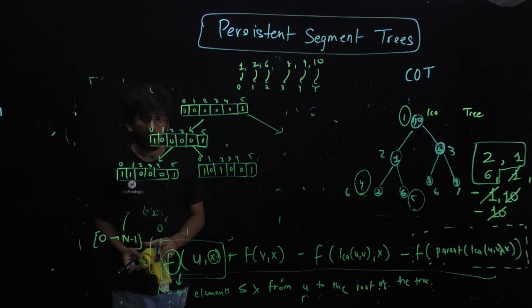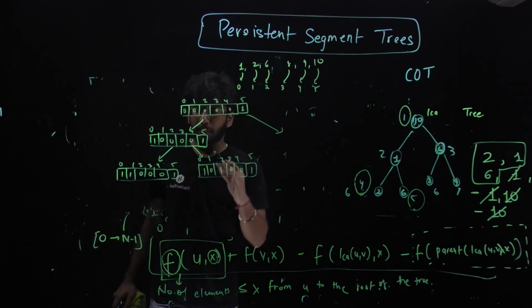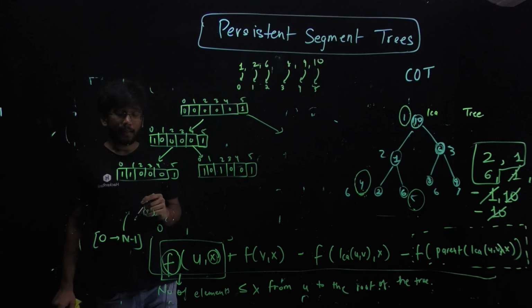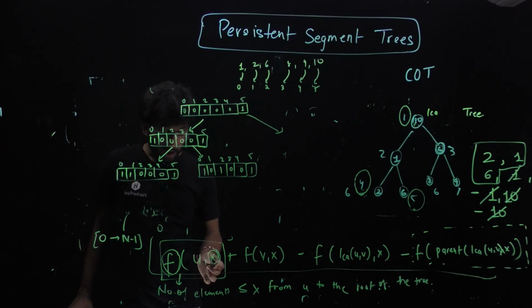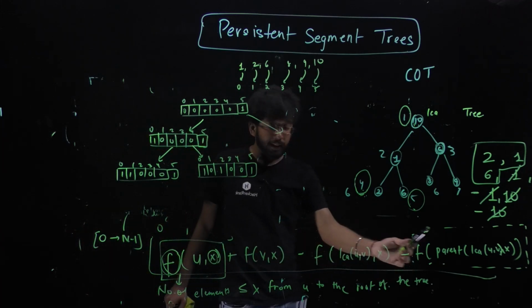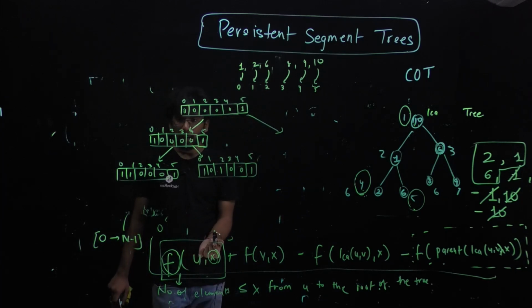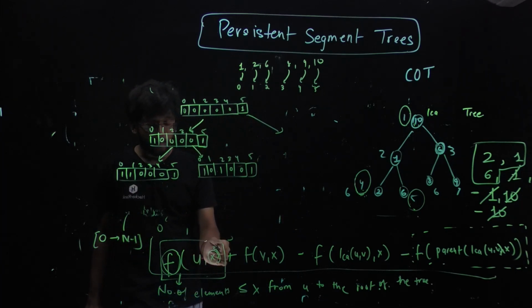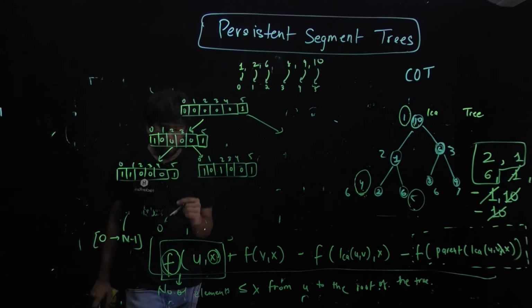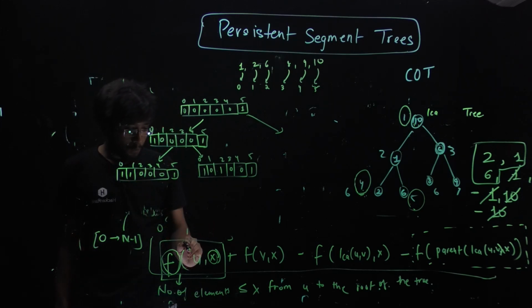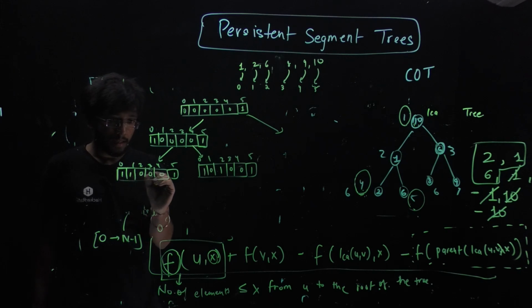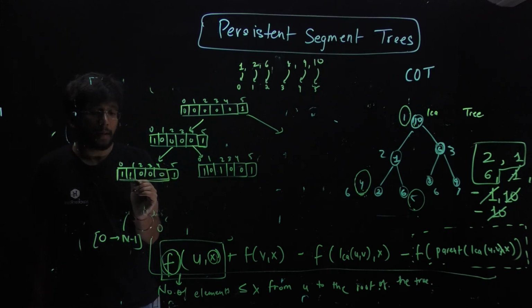So how would these segment trees help us? I can compute this f function on these segment trees very easily. Let's assume that x in my case is 4 right now. So f of u, x is basically the sum of elements up till here.